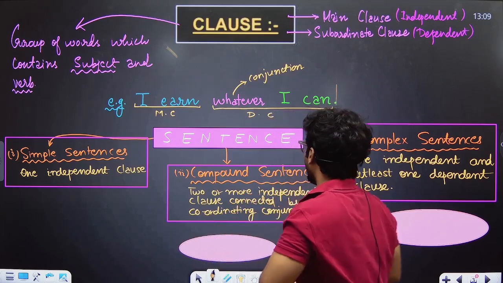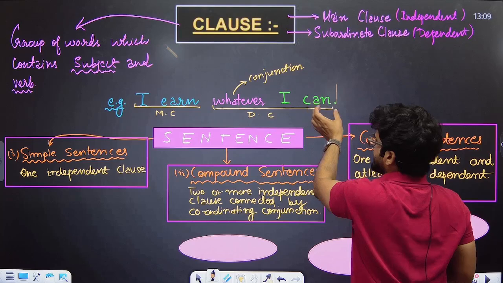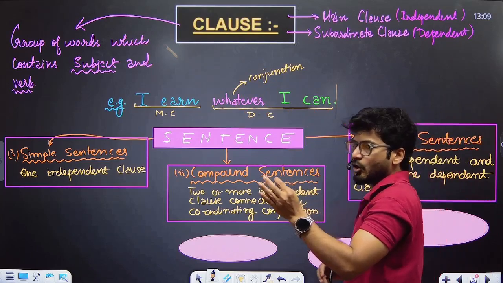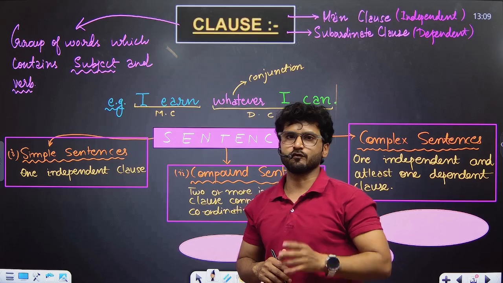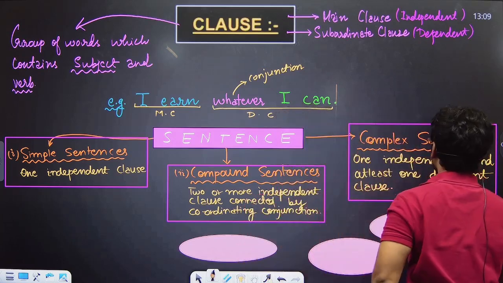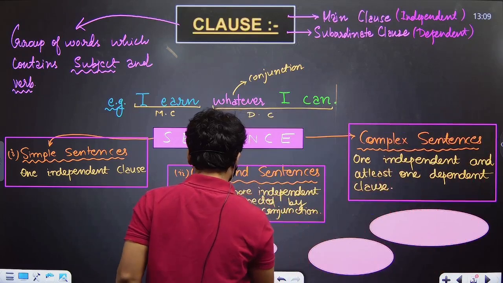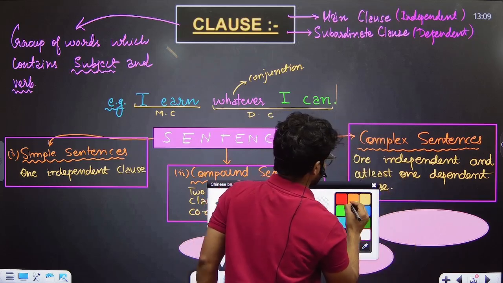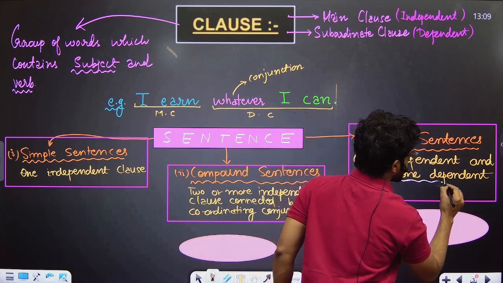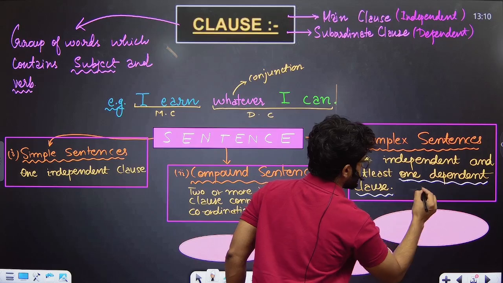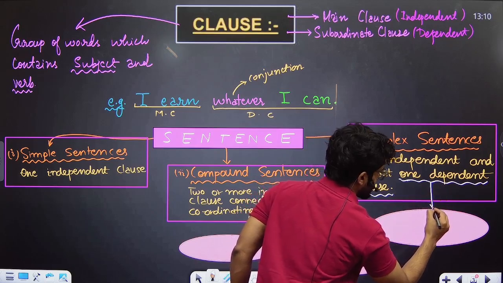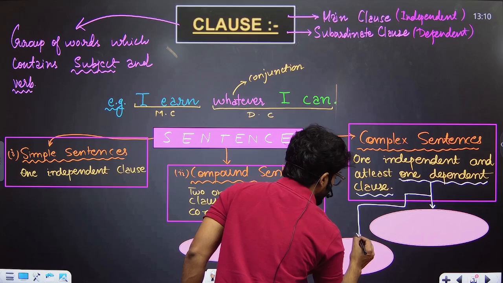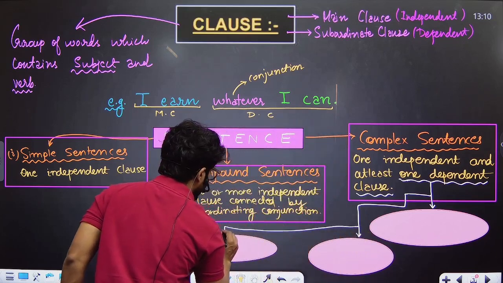So for the dependent clause part, like 'whatever I can', you define this as a noun clause, adjective clause or adverb clause. Furthermore, this dependent clause is going to be divided into three parts: noun, adjective and adverb clause.